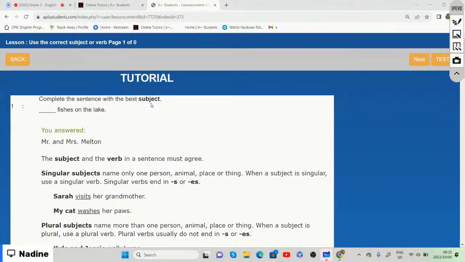I remember we said that the singular subjects, their verb ends in s and es. And the plural subjects do not add s and es.